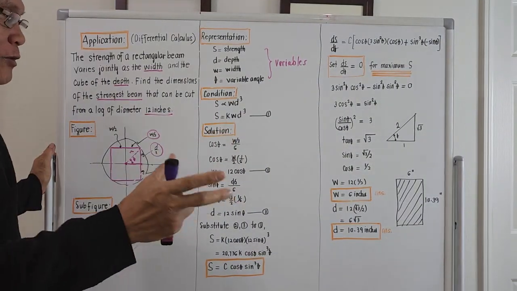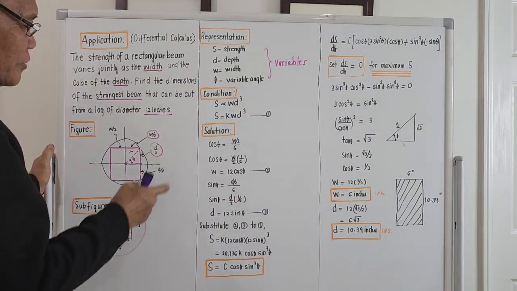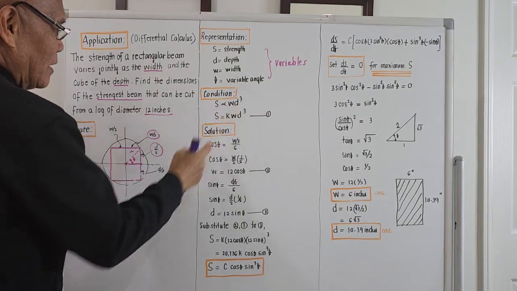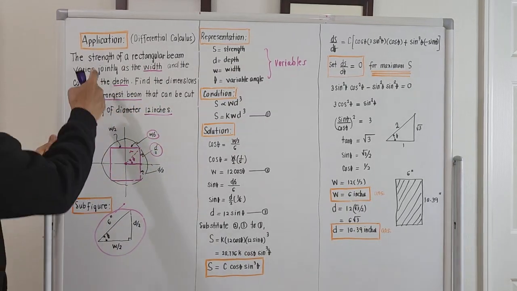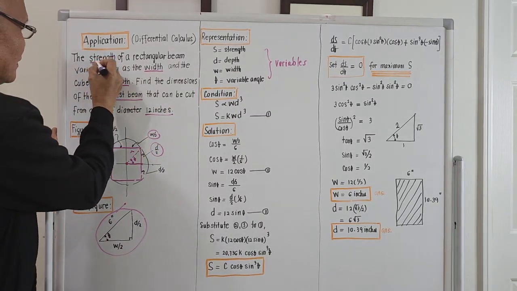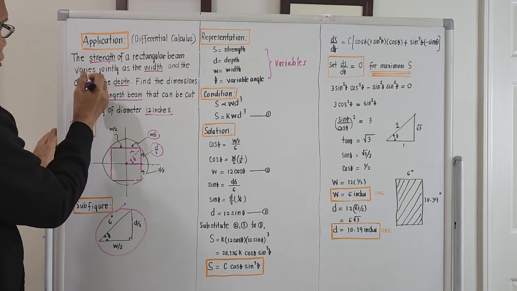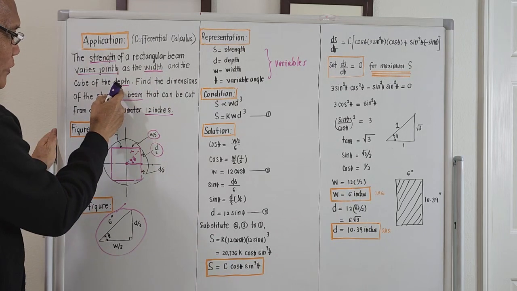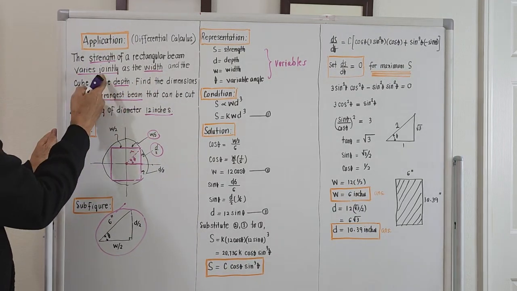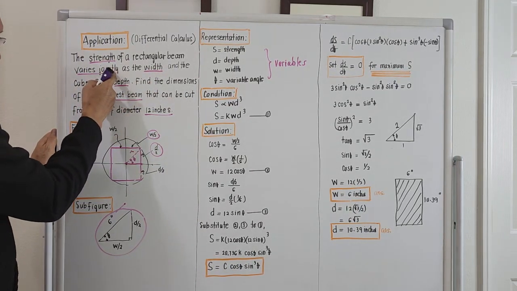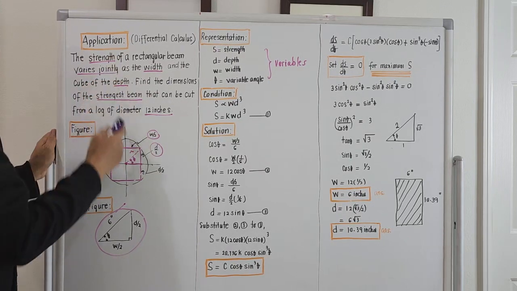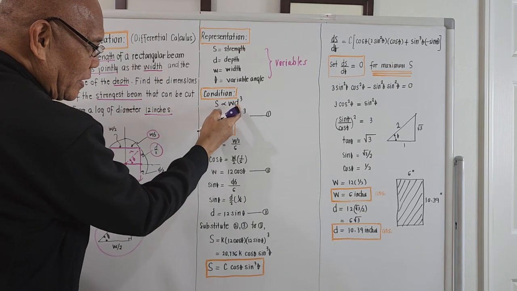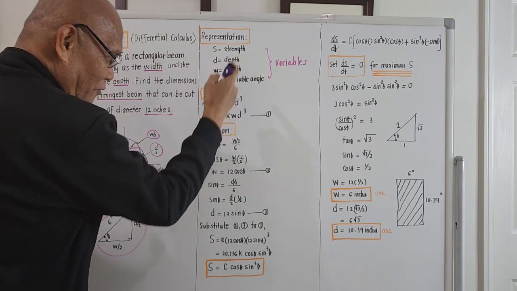Let's bring out the condition which relates the strength of the beam as a function of the width and the depth. From the given condition, the strength of the beam varies jointly as the width and the cube of the depth.